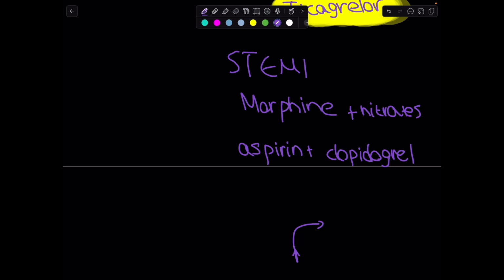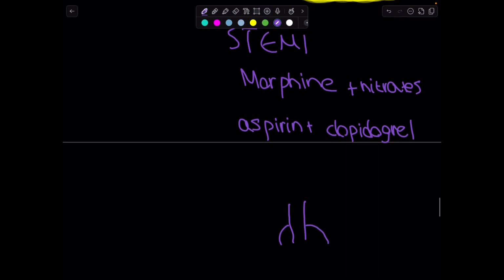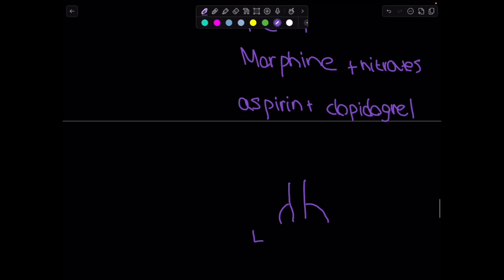The left coronary artery, branching from the ascending aorta, divides into the left anterior descending LAD artery, which supplies the front of the left ventricle and septum, and the circumflex artery, which supplies the left atrium and lateral left ventricle. The right coronary artery, also from the ascending aorta, supplies the right atrium, right ventricle, and often the posterior septum and inferior left ventricle via the posterior descending artery.